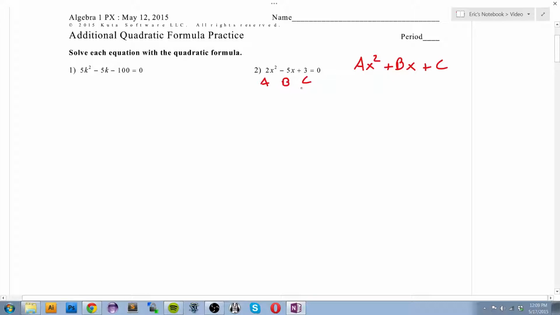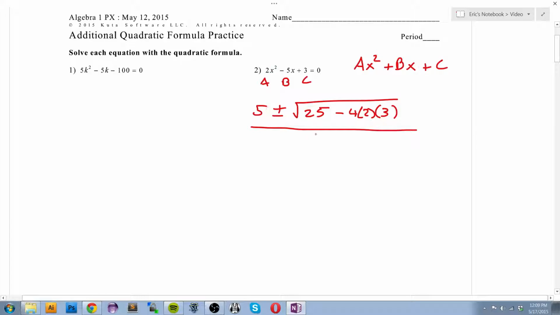So let's see, negative b. So negative would be +5 plus minus the square root of b squared, which would be 25, minus 4 times a, which is 2, times c, which is 3, all over 2a.